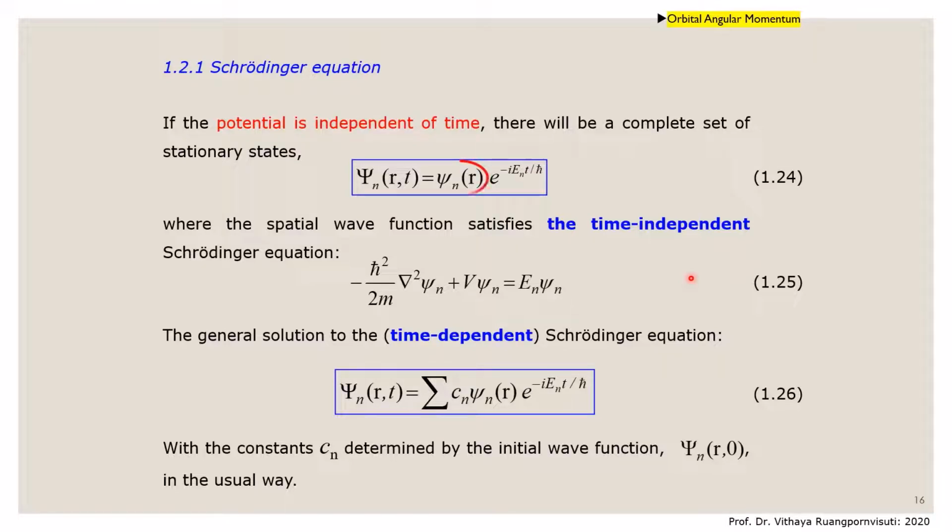Therefore, we just use the first term of the wave function as a function.